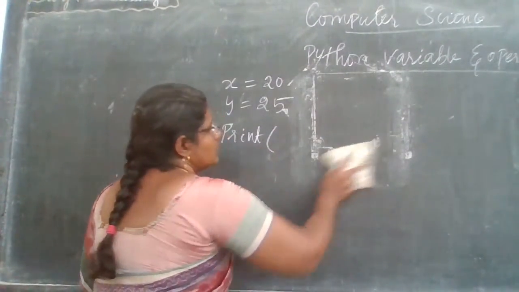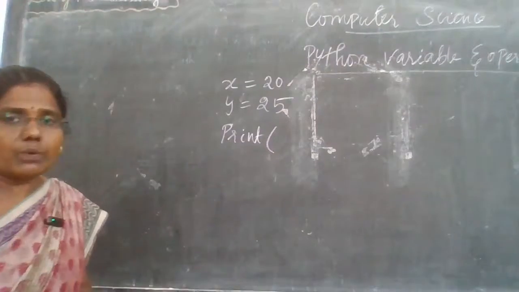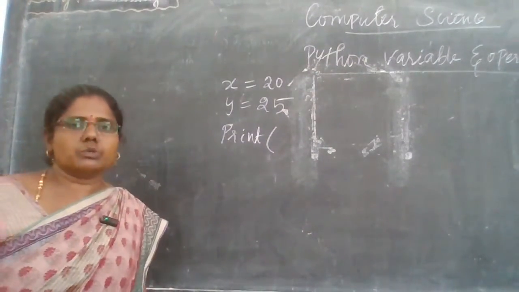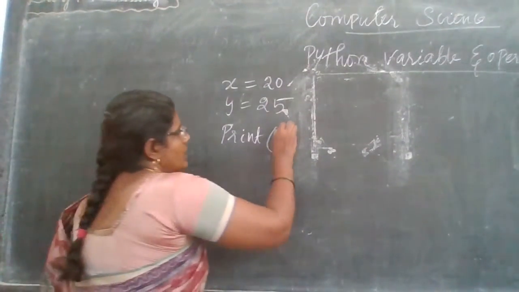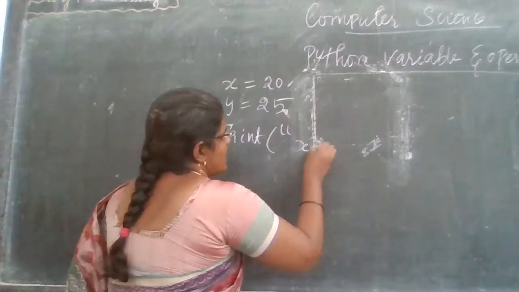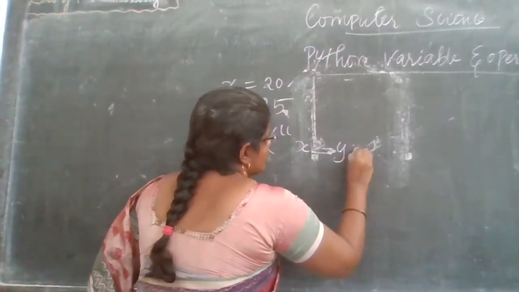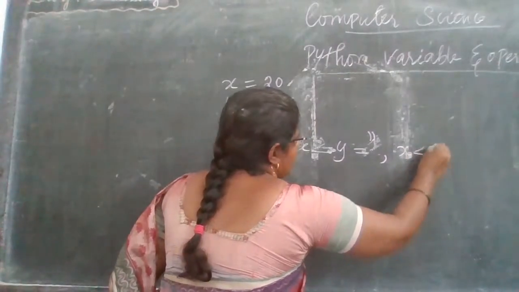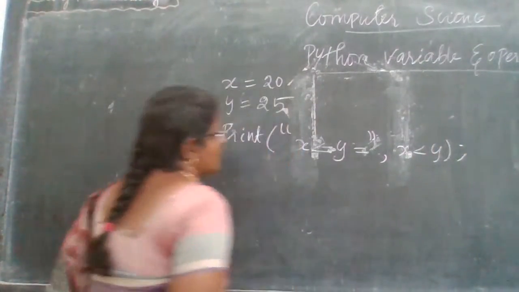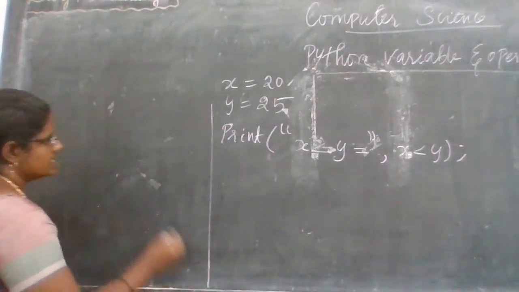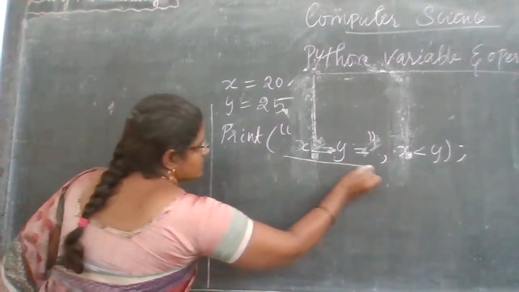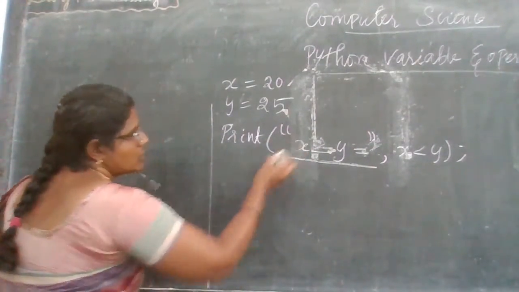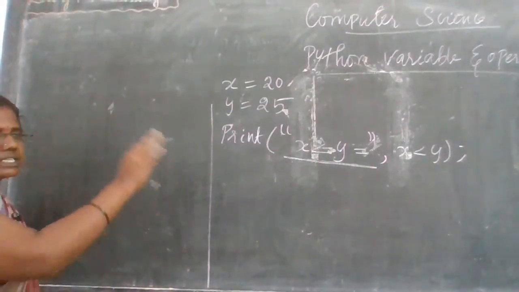Suppose you want to display x less than y equal to true. Then write double quotes, x less than y equal to, complete the double quotes, and after that write the expression x less than y. Whatever is in double quotes is displayed as it is on the screen.